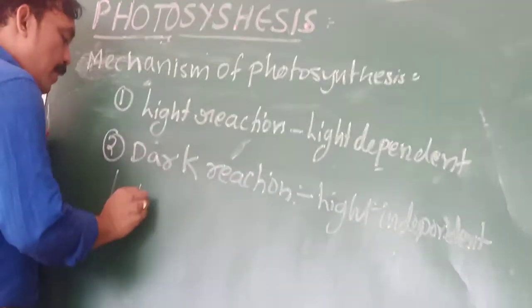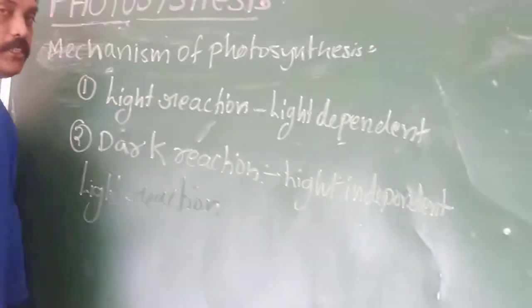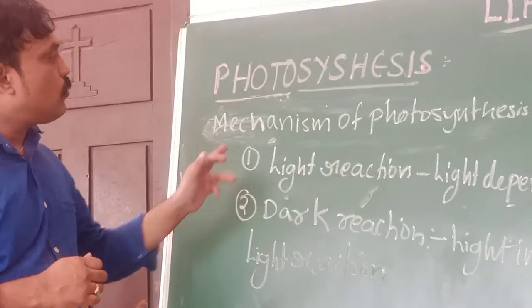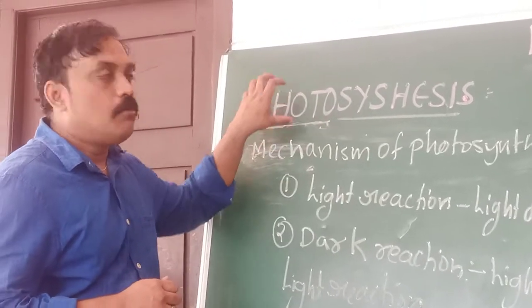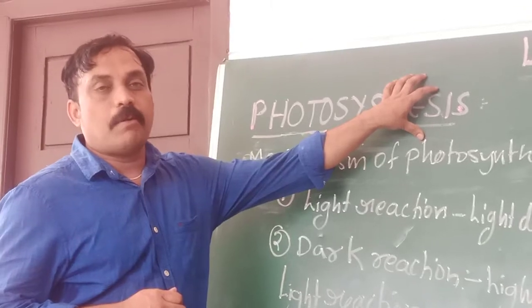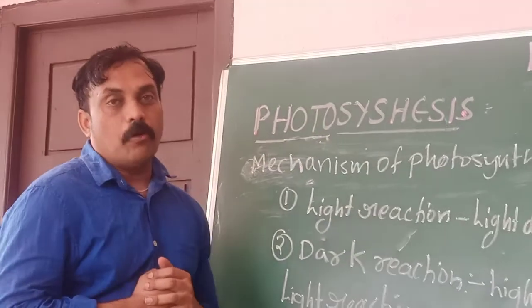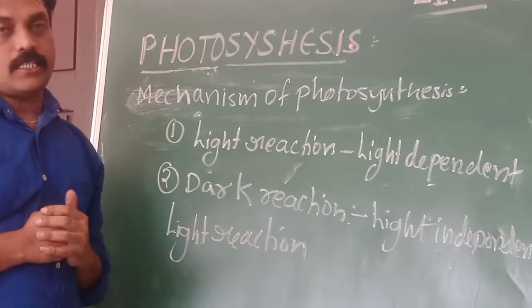In light reaction, the reaction occurs in the presence of sunlight. I already told you, photo means light. By using light, green plants or green bacteria prepare their own food. That is what you call photosynthesis.